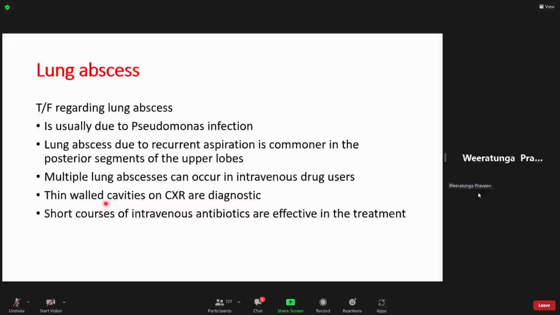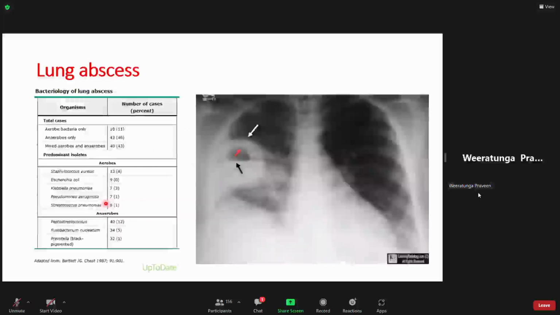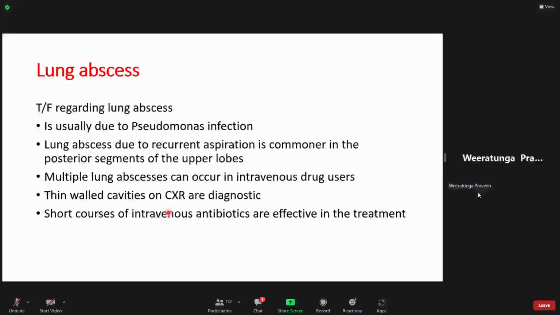The other reason is, you can see this nice thick walled structure. It's very difficult to push the antibiotic into the lung abscess. That is another reason why the treatment does not work. So, two reasons why it's very difficult to treat. One, because of the mixed organisms, and two, because of the difficulty in antibiotic penetration into the abscess.